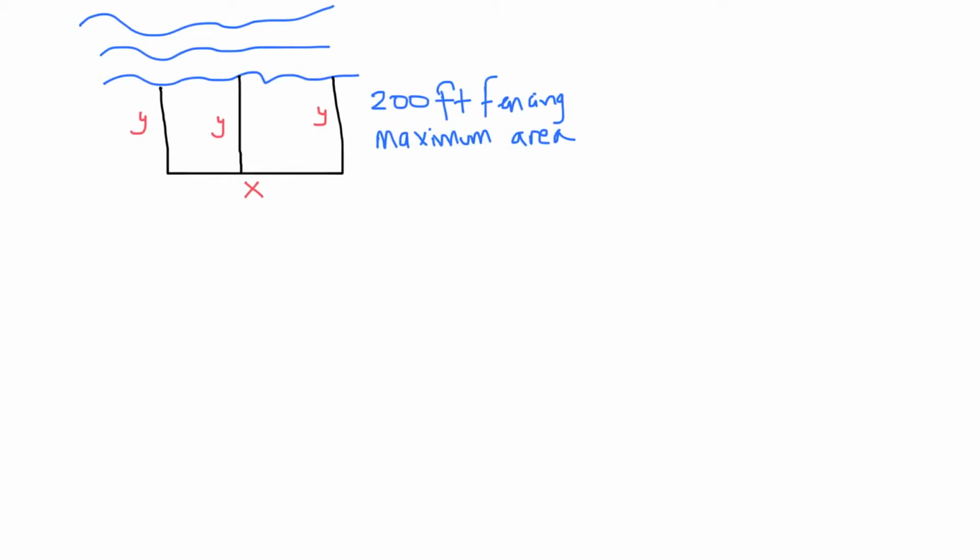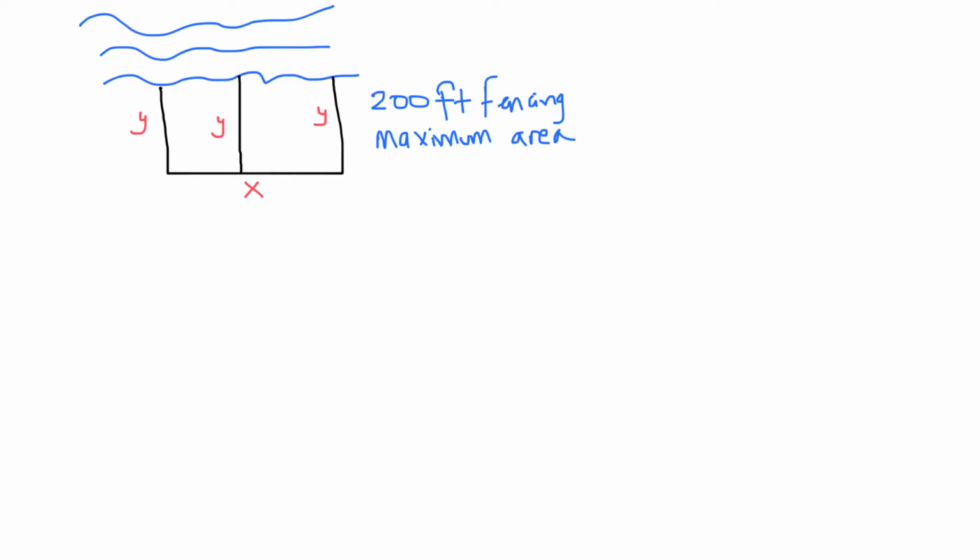Now in this scenario here, we have a rancher who has a property and there's a river that runs through it, and he wants to put a corral for his animals, and he's going to use the river as the backside of the corral. So then he only has to worry about the fencing along these sides here, and he has 200 feet of fencing to work with, and he wants to maximize the area.